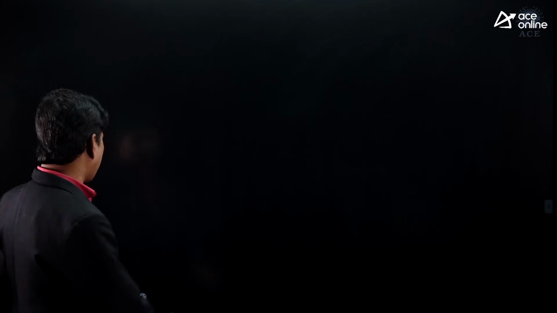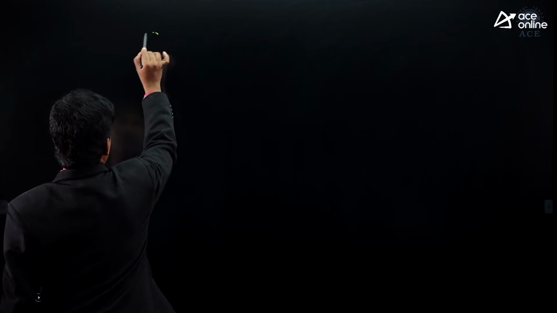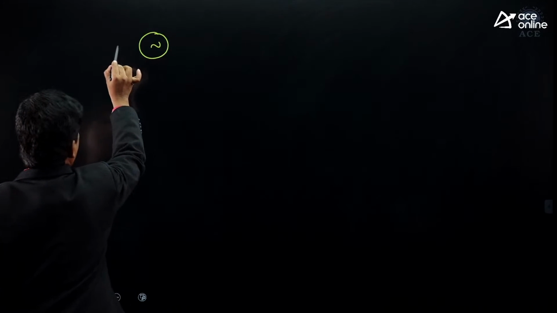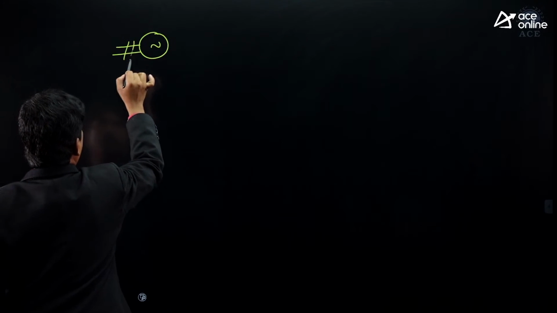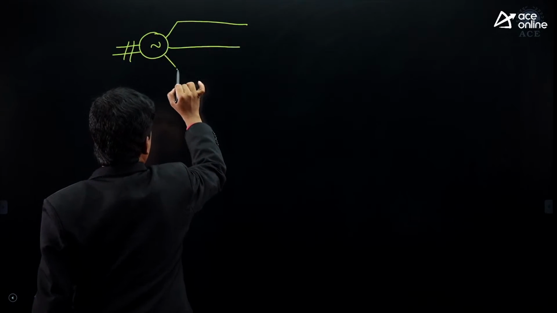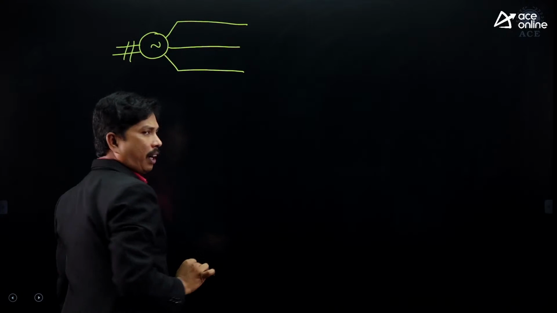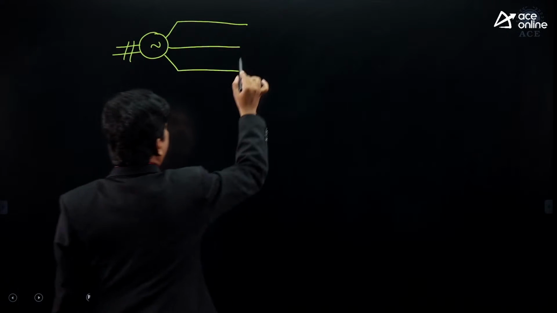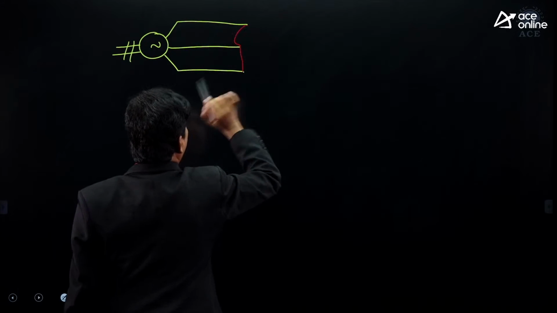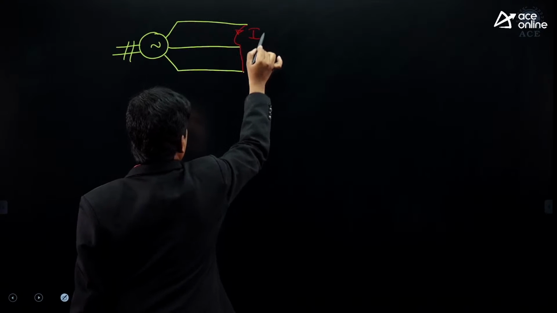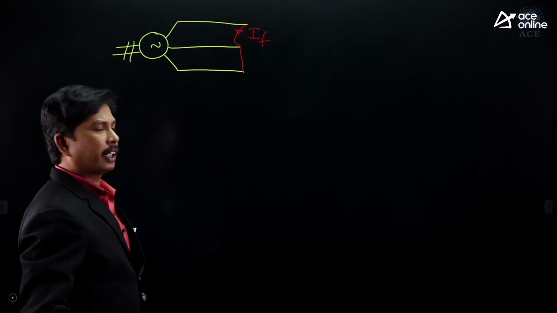And coming to the next fault, whenever you are having a synchronous generator and we are giving constant mechanical input to this one, and it is operating under no load condition, right? If all the three phases are involved in the fault, here we are having the fault current IF.